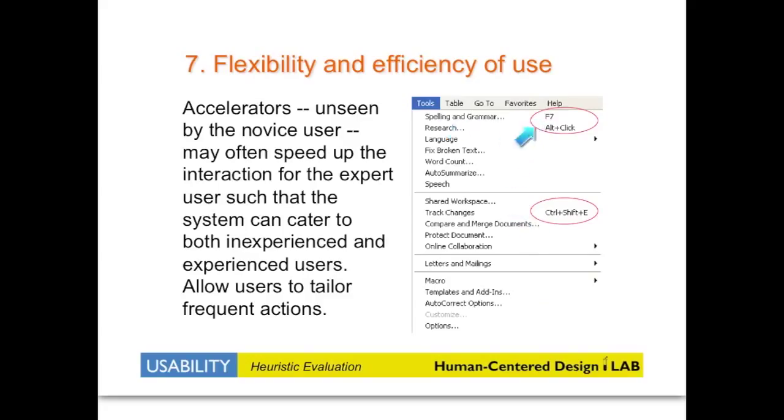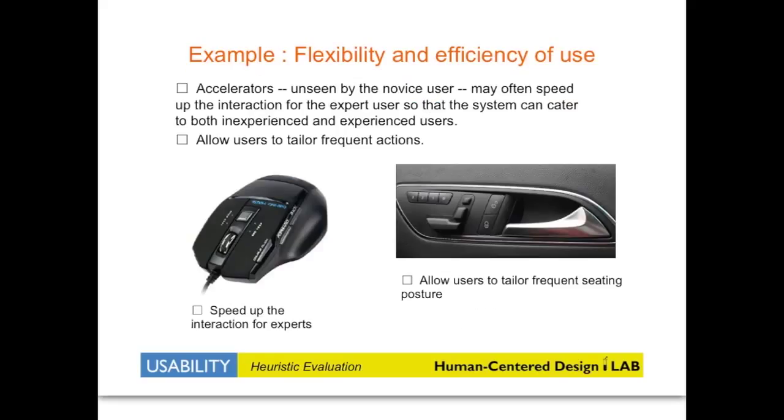For example, the expert may use shortcut keys instead of clicking the menu, like F7 as an alternative to a click. The example can be seen from the mouse, like this one, straight up. For injection, an expert may have a lot of buttons here. A novice maybe doesn't need to use them, but an expert could.